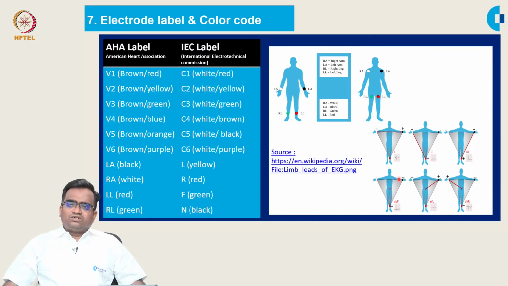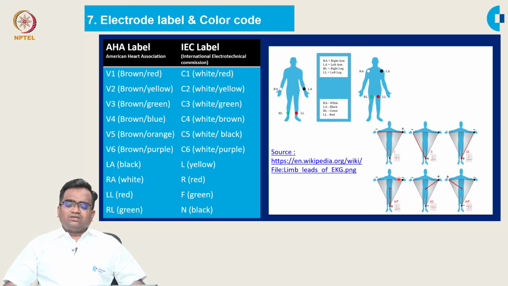We saw that there are 12 leads, limb leads and chest leads, but the color coding and the labels of the leads are not the same universally. There are two different classifications for color coding as well as labeling. Number one is the American Heart Association labeling method.